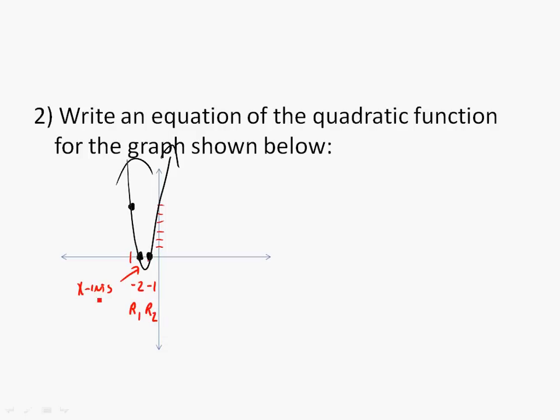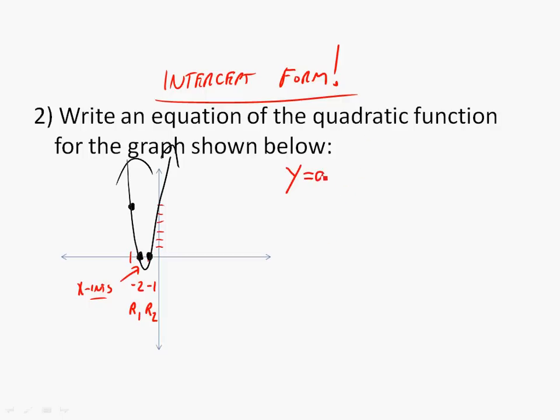The fact that I'm given the x-intercepts tells me that I want to use the intercept form of the quadratic equation in order to write this. So I'm going to start off. It's going to be more useful if I use y equals to start the problem.